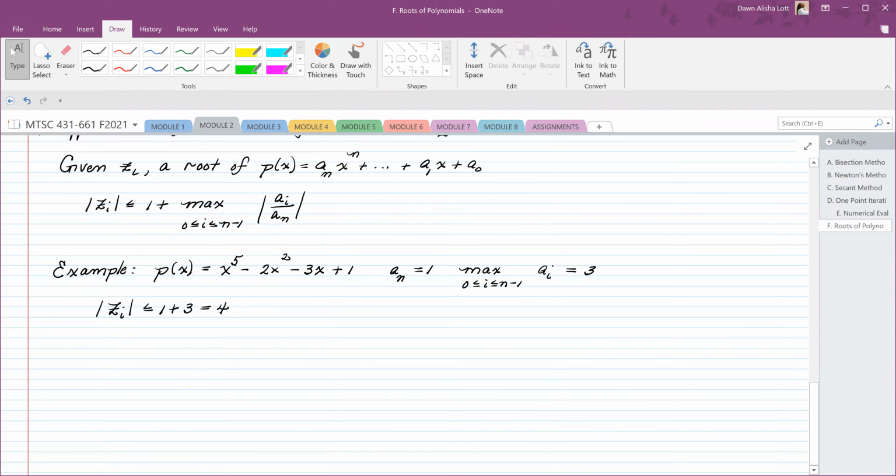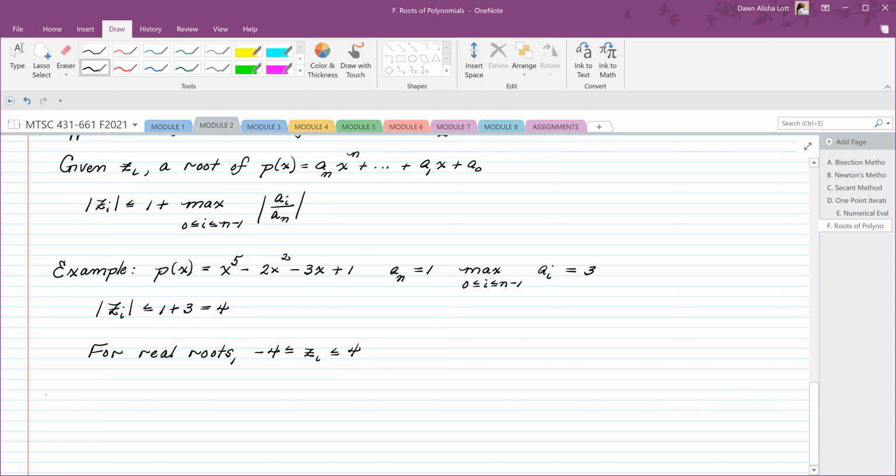So for the real roots then, all the real roots are between -4 and 4.